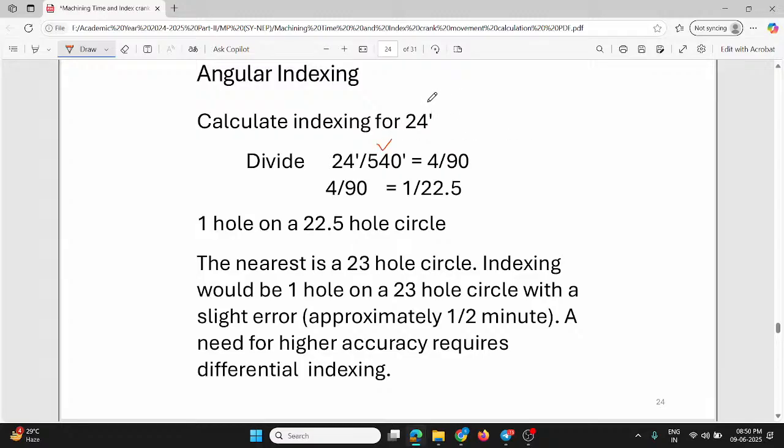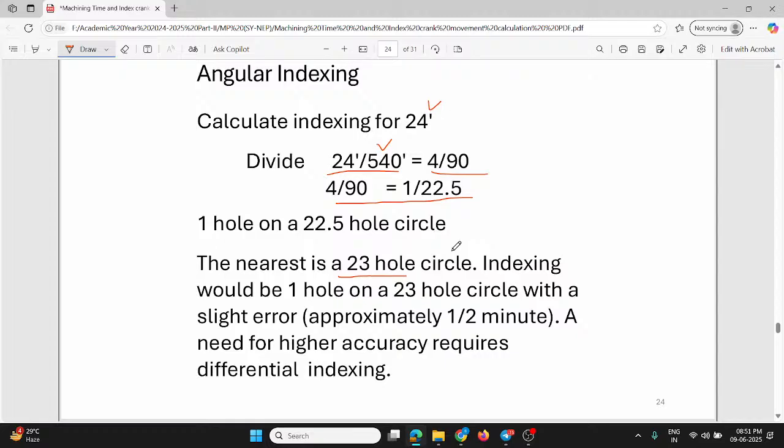Because it is given in minutes, 24 divided by 540 is equal to 4 divided by 9, which again is equal to 1 divided by 22.5. That particular whole circle is not available, so the nearest whole circle can be taken, that is 24 holes.